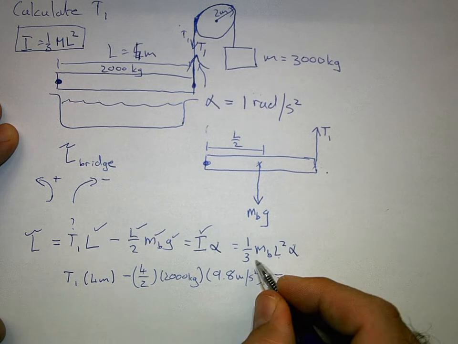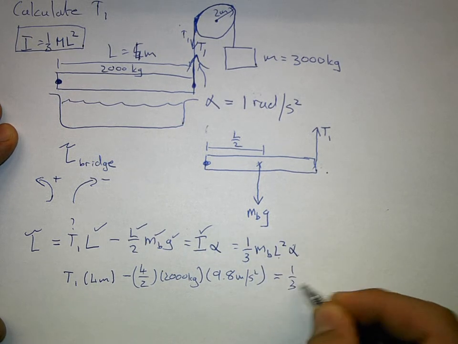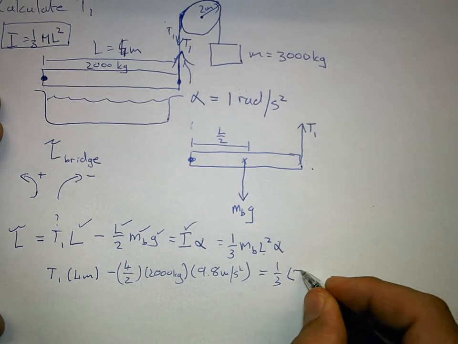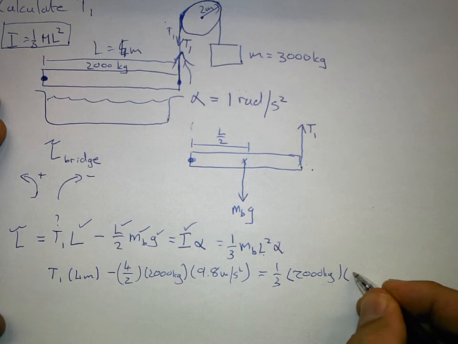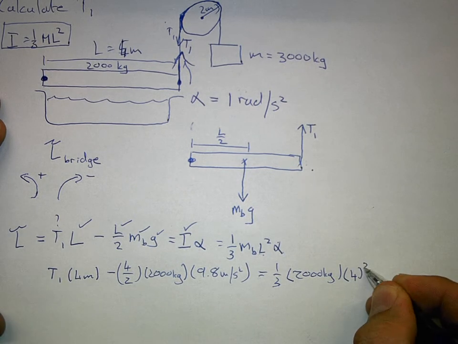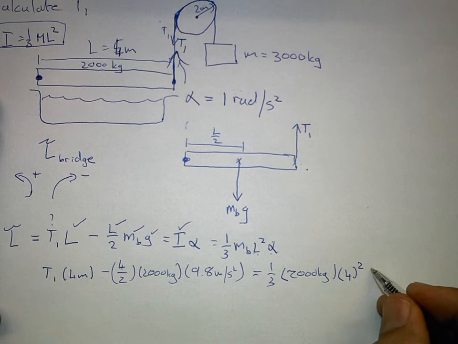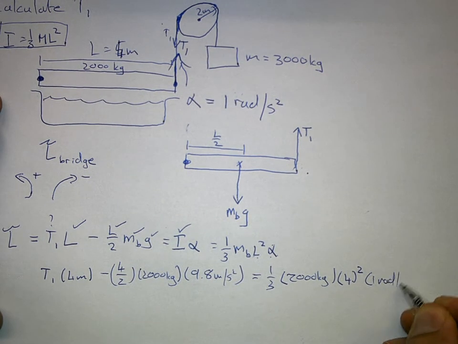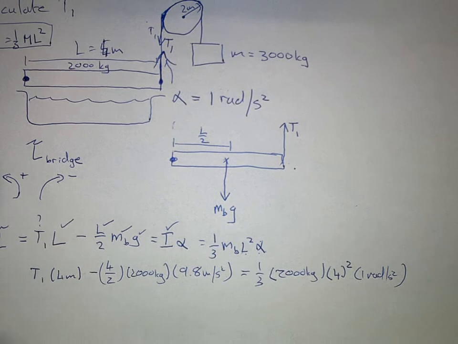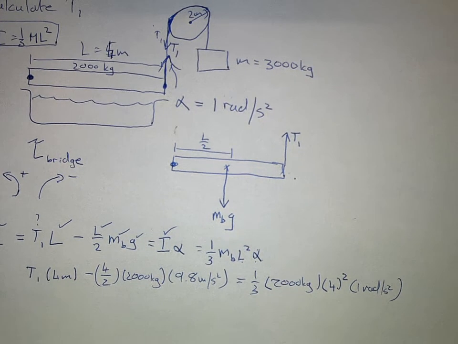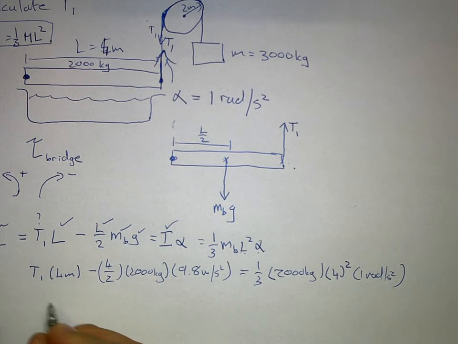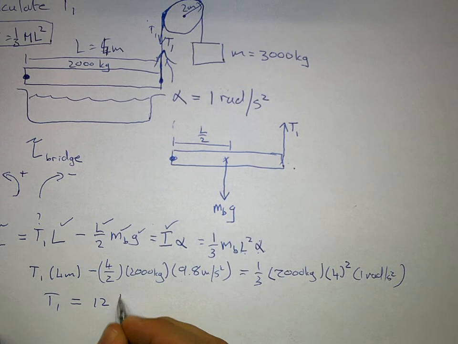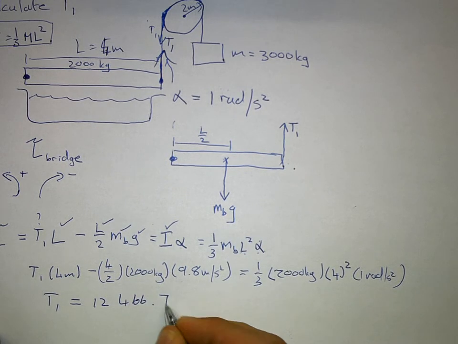This is equal to the moment of inertia, which is 1/3 times the mass of the bridge, 2,000 kg, times the length of the bridge squared, so this is 4 squared, and our angular acceleration is 1 radian per second squared. So, a lot of numbers, but the only unknown now is tension, and you can solve this. What you find is that the tension in the cable is going to be equal to 12,466.7 newtons.